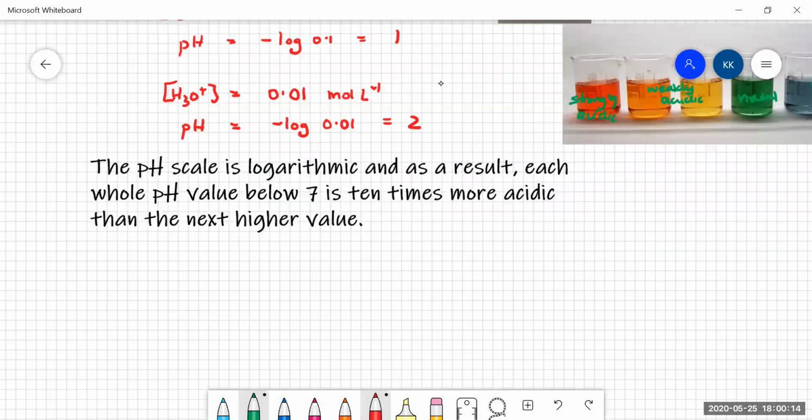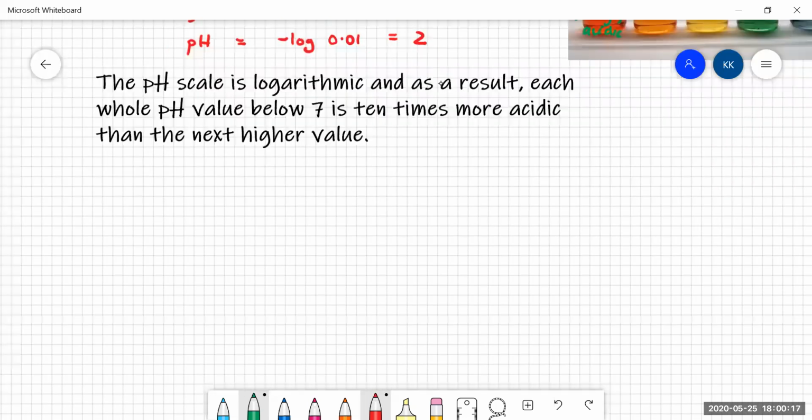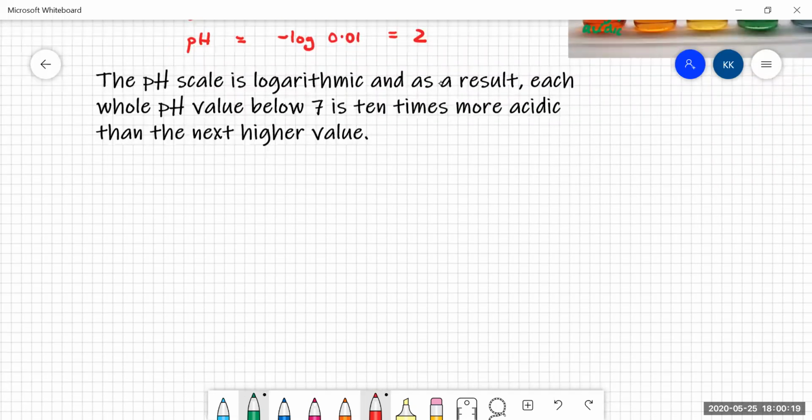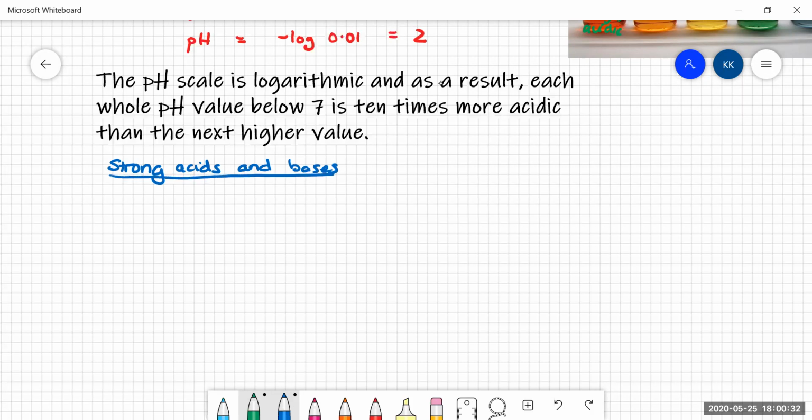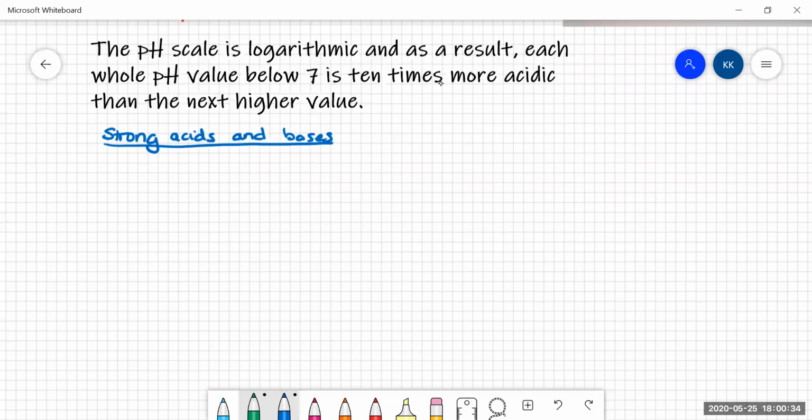Let's do some real example calculations. We're going to be dealing in this video with strong acids and bases. What that means is that their ionization is considered to be complete, so we have 100% conversion of reactants to products. Well, this is what we assume.